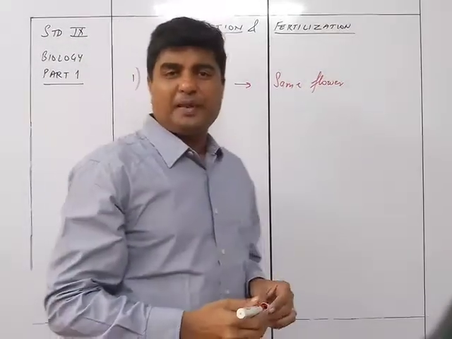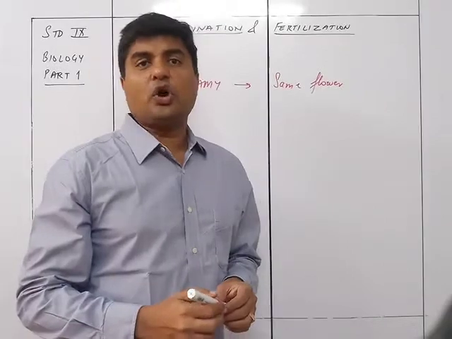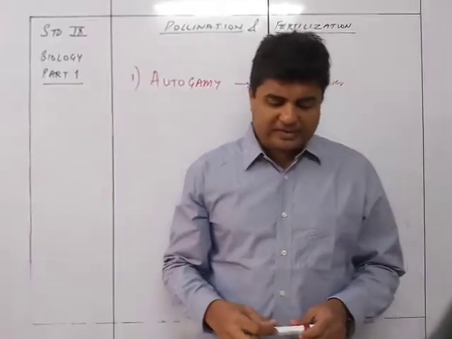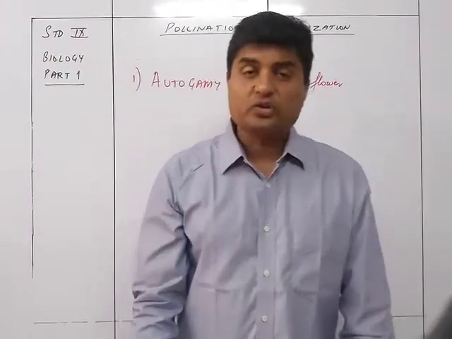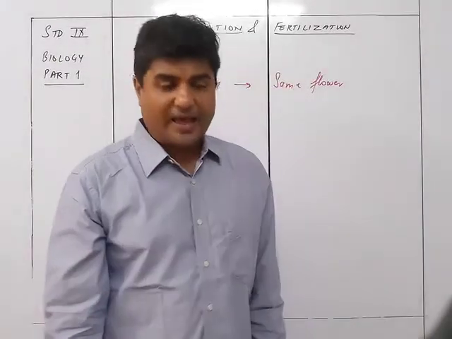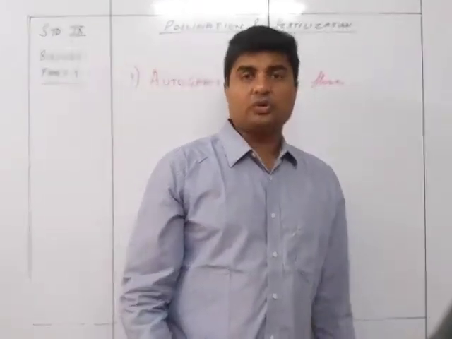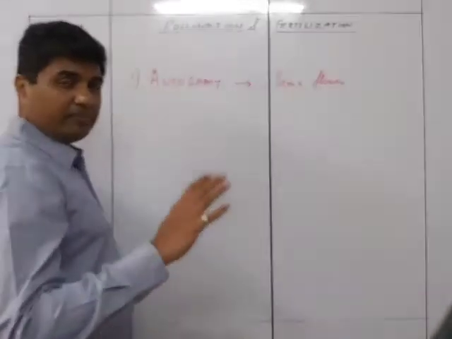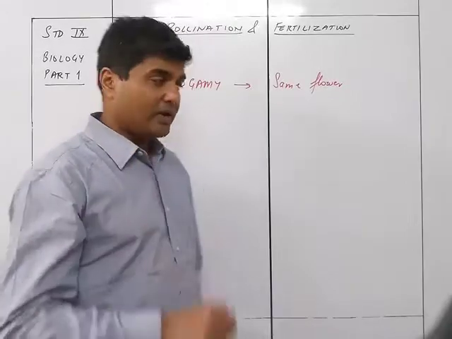When the pollination takes place within the same flower, it is called autogamy. The pollen of the same flower may fall on its stigma by itself. Auto means self, gamy means marriage. So that is how it is transferred from the anther to the stigma of the same flower.